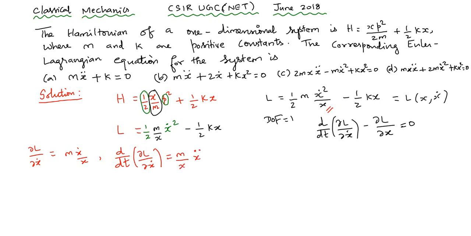Now when I take the derivative of x here with respect to time, this becomes minus m by x square x dot. Already one x dot is there, so x dot square.